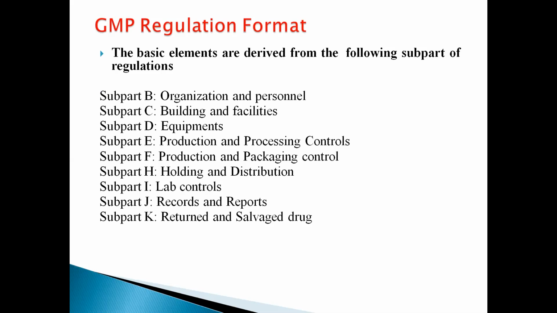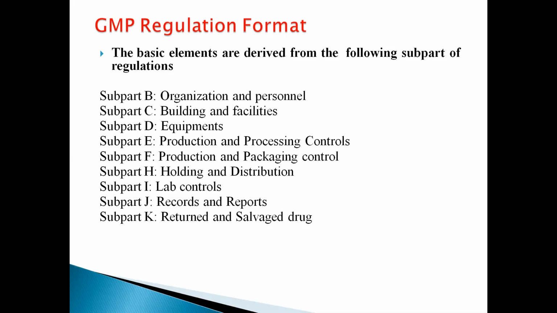So what is subpart B? Subpart B is for organization and personnel, and C is for buildings and the facilities they have, and D is for whether the equipment has been provided or not, and E is production area and processing controls, and F is production and packaging control.